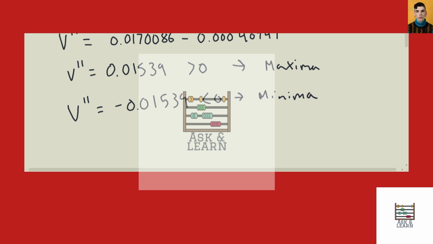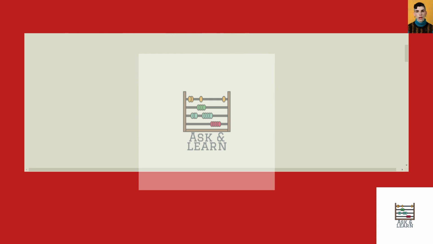Okay, so we can confirm that the volume is minimized when T is equal to, actually, hold on, I'm sorry. This would be your maxima. If it's greater than 0, it is your minima. If it's less than 0, then it's your maxima. Okay, and then we want to choose our minima value because we're looking for when the volume is at its lowest.